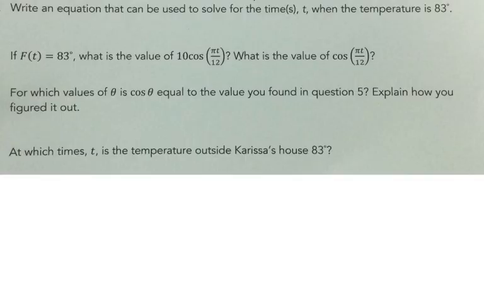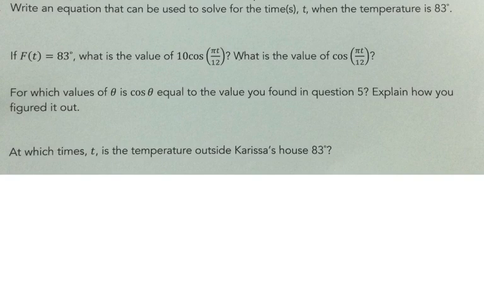5, write an equation that can be used to solve the times t when the temp is 83. I skipped 4, didn't I? Yeah. Okay, let's do 4. Use the graph to estimate what times the temperature is 83. If you look back on that graph, 83 looks like it's at 7.